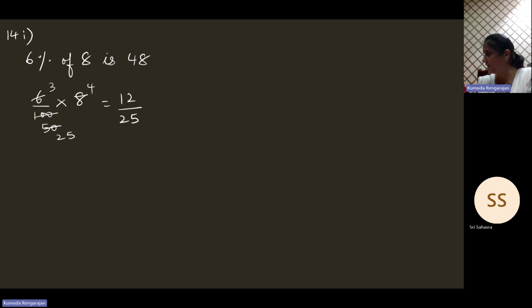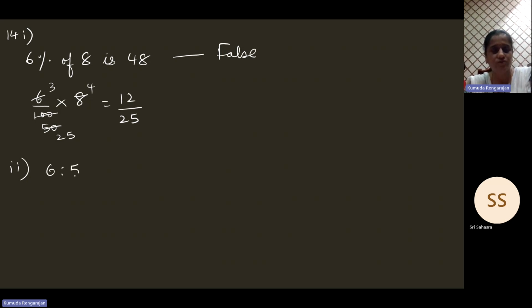But it's given 48. True or false? False, because 6% is 6 by 100, of is multiplication 8. When we simplify, we get 12 by 25. It's false.